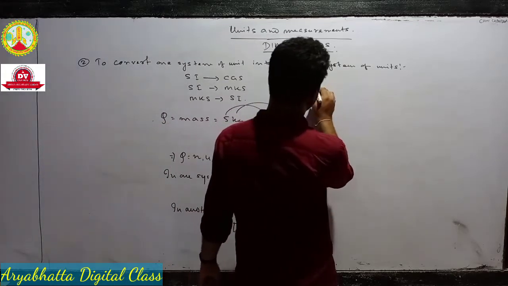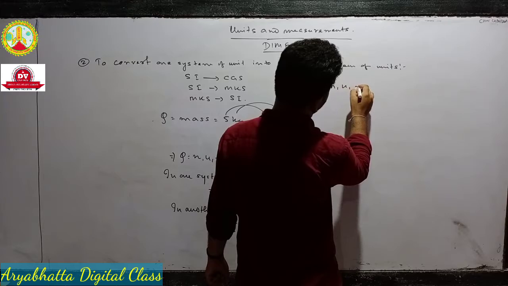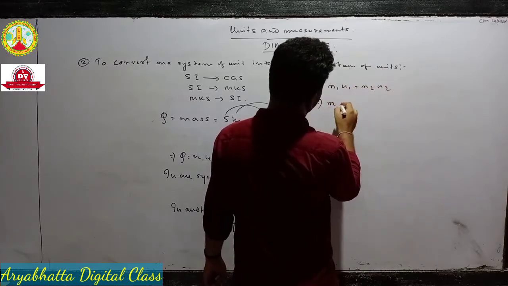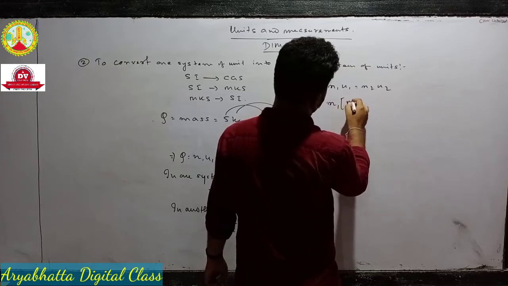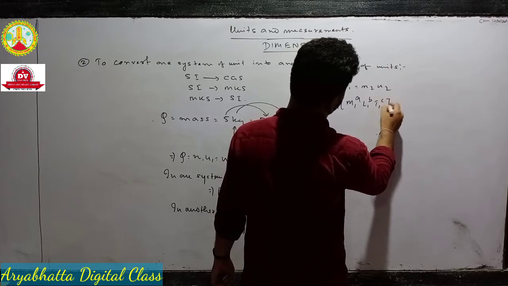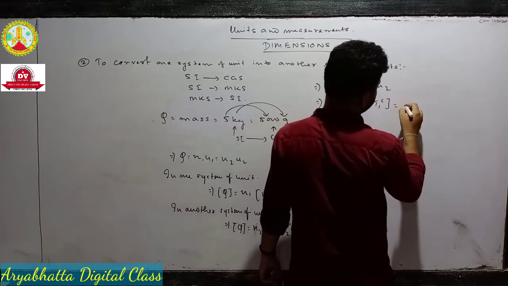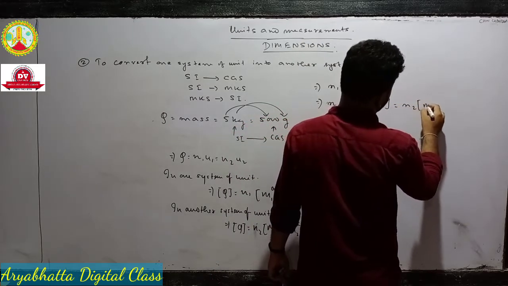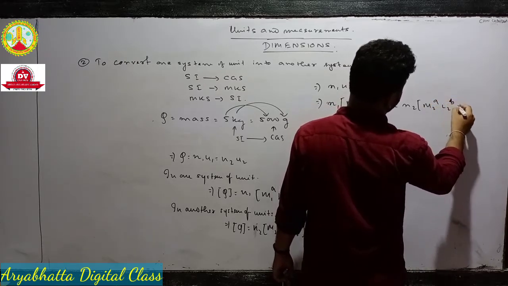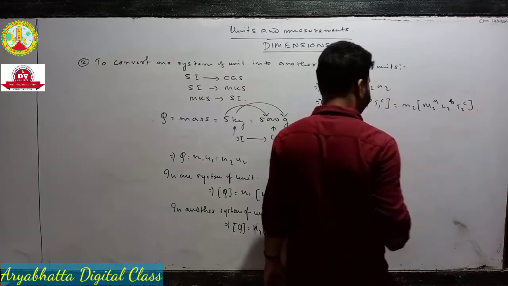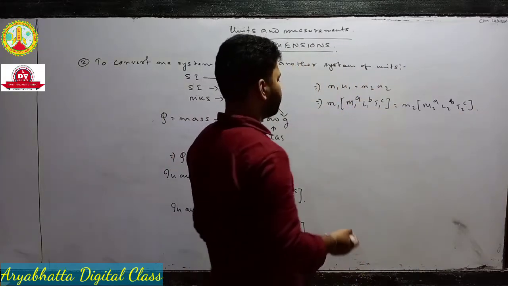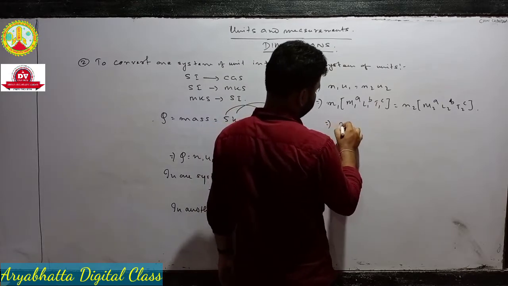But we know that N1U1 is equal to N2U2. It means N1 M1 to the power A, L1 to the power B, T1 to the power C equals N2 M2 to the power A, L2 to the power B, T2 to the power C. Same, N1U1 equals N2U2. So what is the number N2?